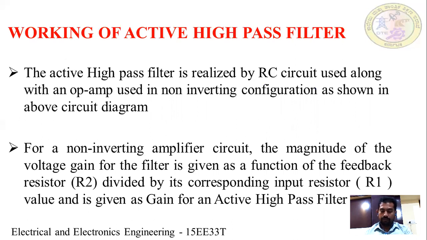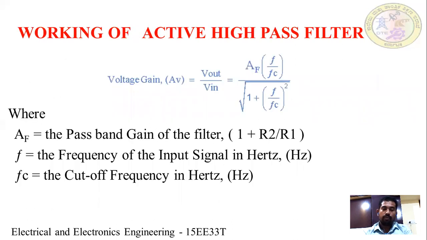The cutoff frequency of the active high pass filter is normally Fc equal to 1 divided by 2 pi RC.